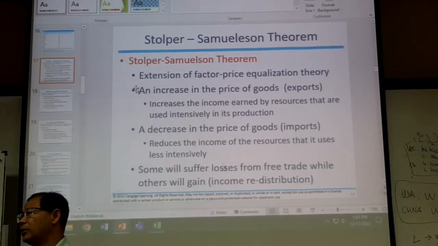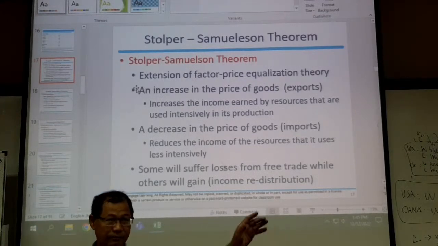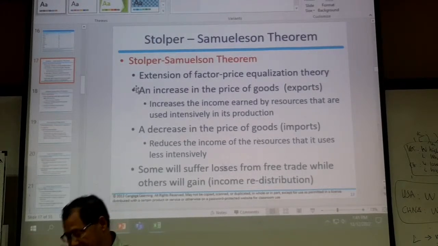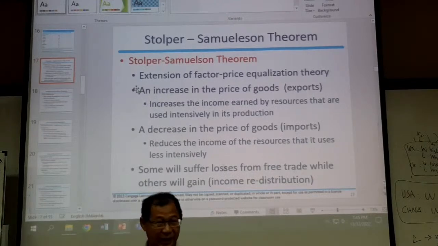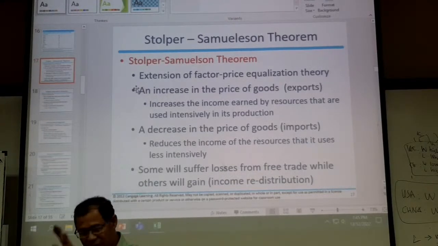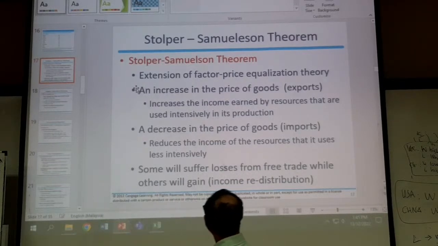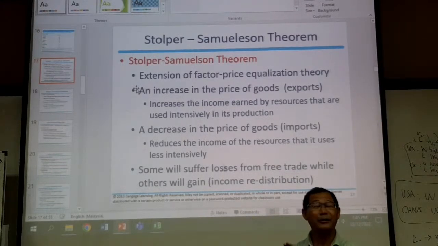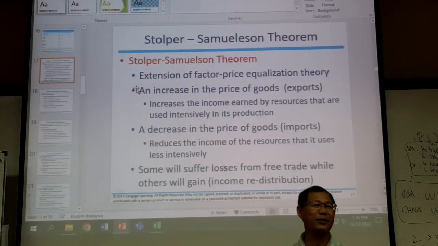"Son, you don't have to go to Singapore. You can just work in Kodiang. You can sleep next to me," I mean, under the armpit. Very manja. "Son, you don't have to go because I learned from Stolper-Samuelson that wages will increase in Kodiang because of trade.